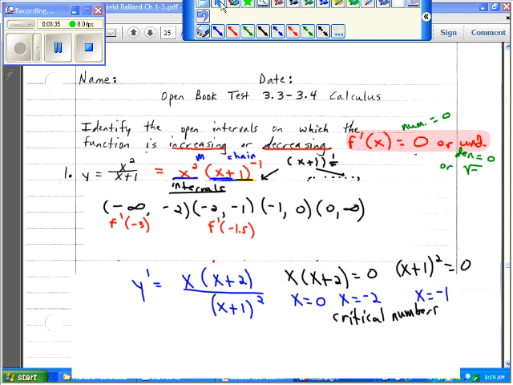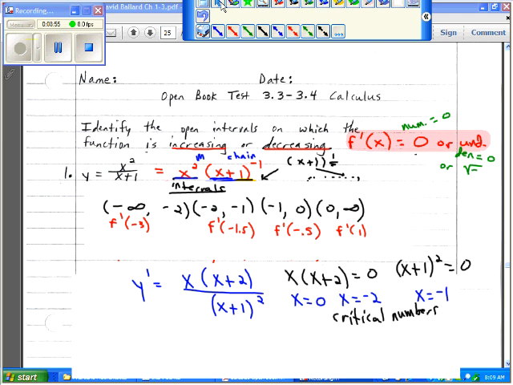If we chose within the third interval, we could choose something like f prime of negative 1/2. And in the fourth interval, we could choose something like f prime of 1. So when we determine those values, it will tell us whether it's increasing or decreasing within that interval.